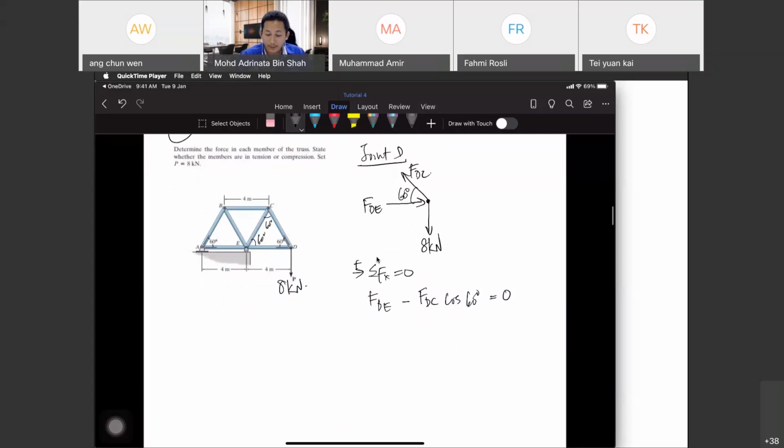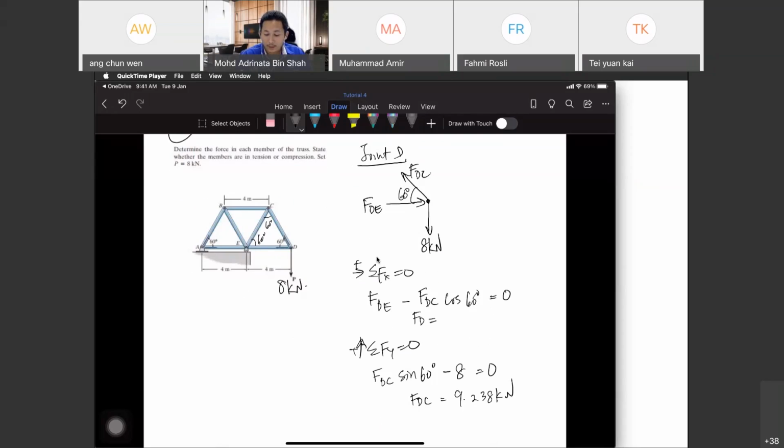And then we have in y direction FDC sine 60 minus 8 kilonewton equals to 0. So FDC is equals to 9.238 kilonewton. So from FDC, we can solve our FDE.